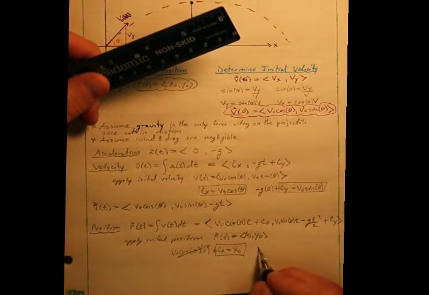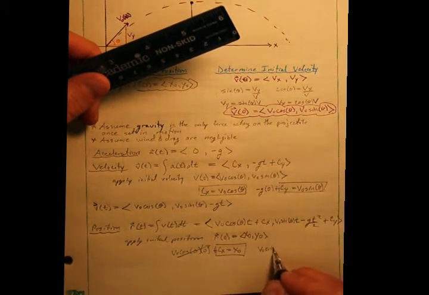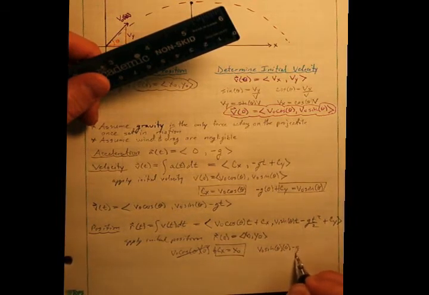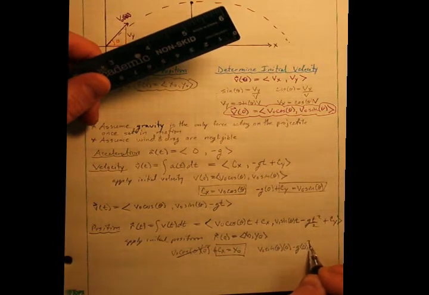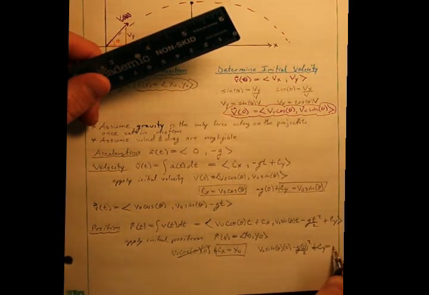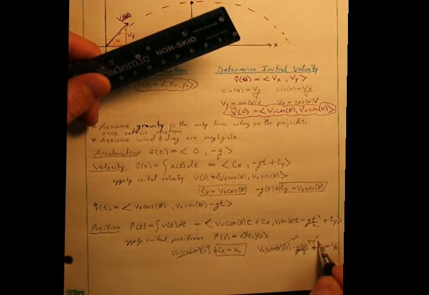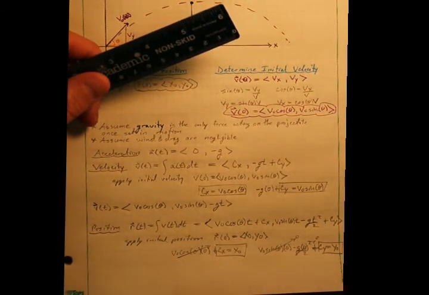And I do the same thing for the y component. V naught sine theta times 0 minus g 0 squared over 2 plus c sub y equals y naught. Okay, in which case these both go to 0 and c sub y equals y naught.